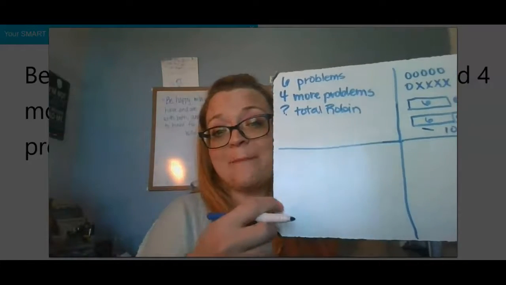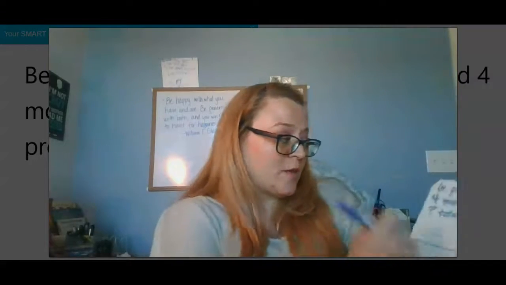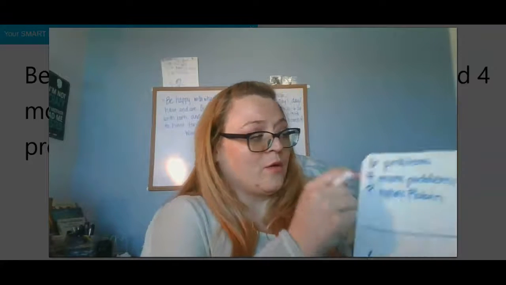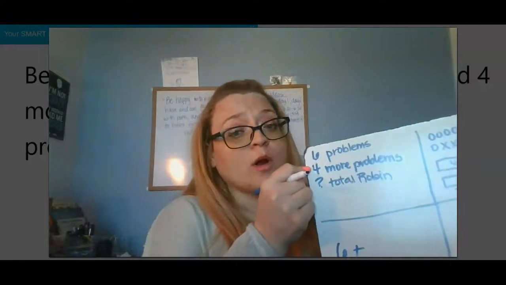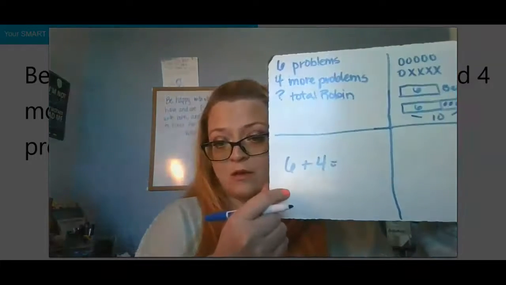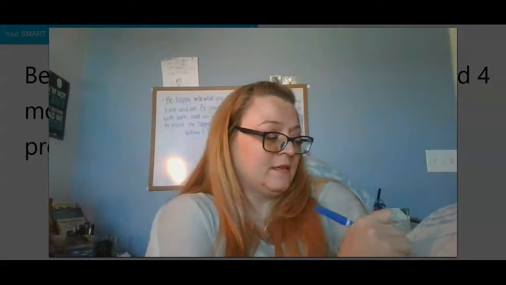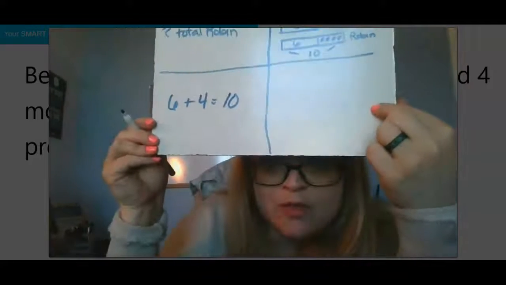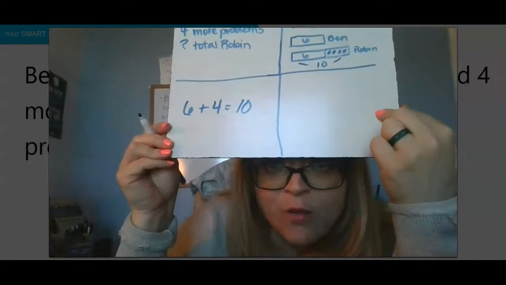Now I need to write my number sentence. What was our first part? Ben had 6 plus the 4 more than he did. And that gives us 10. Now I need to do my statement of solution. Remember, this is just answering the question.